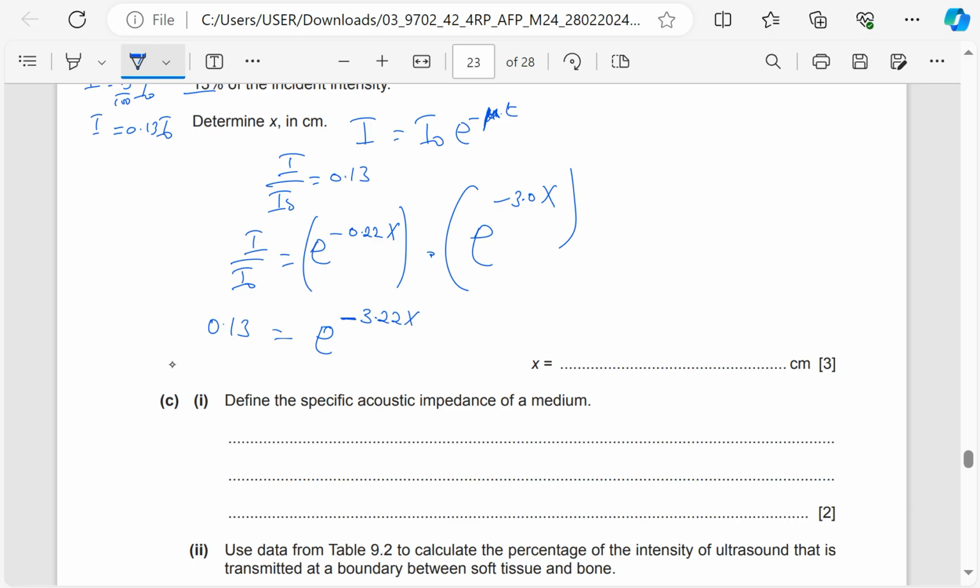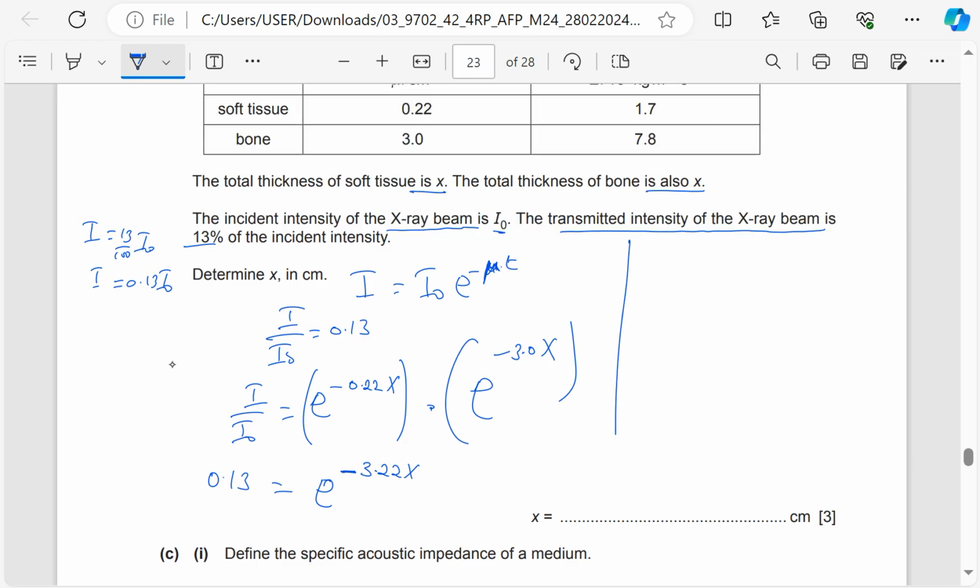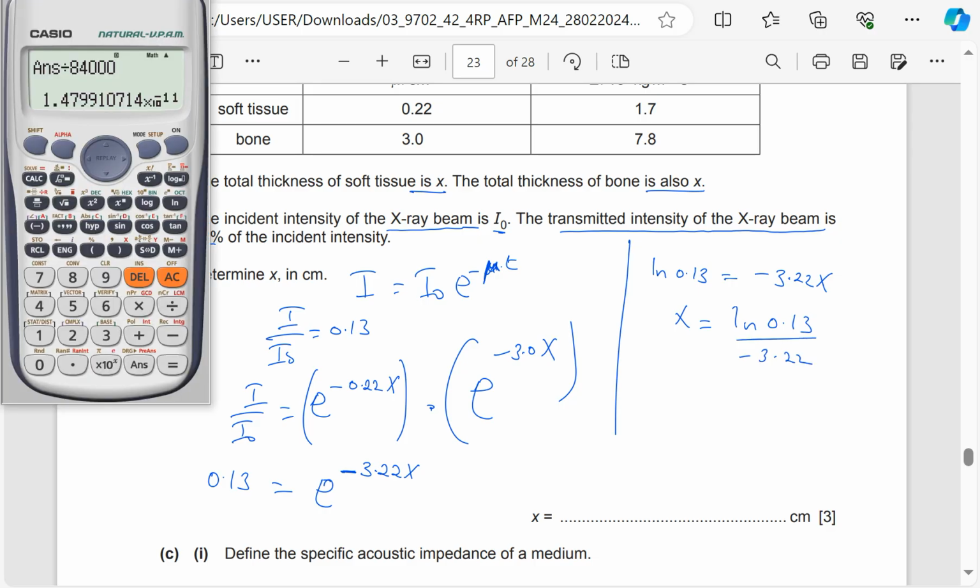So minus 3.22x. I will introduce ln so that I find x. So I'll say ln of 0.13 is equal to the power, which is minus 3.22x. So x is going to be equal to ln of 0.13 divided by negative 3.22.